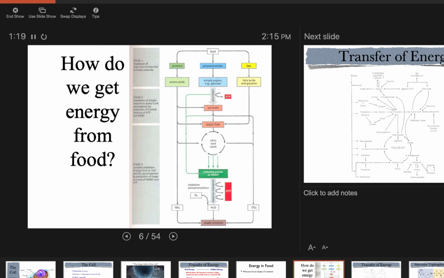Right? So if we look up at the top, the macronutrients can be converted into pathways where they hit these common points, which is called intermediary metabolism. And then once they enter into Krebs, essentially we're taking components from our food, oxidizing them, and then using that for the electron transport chain.